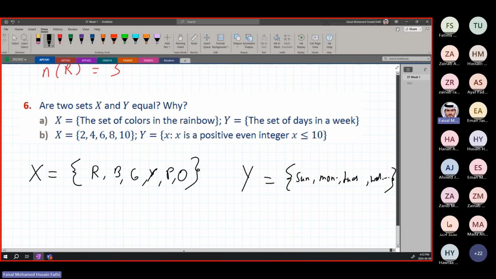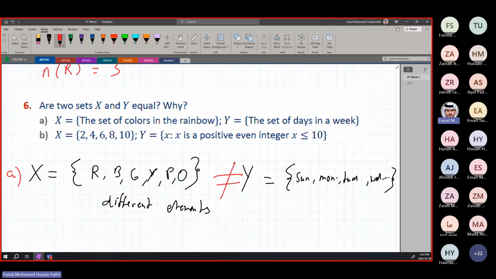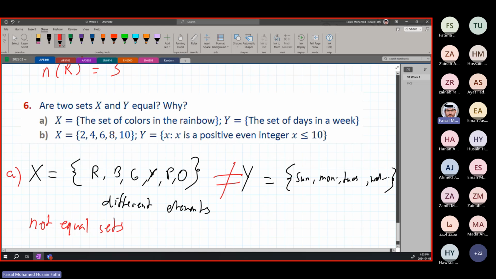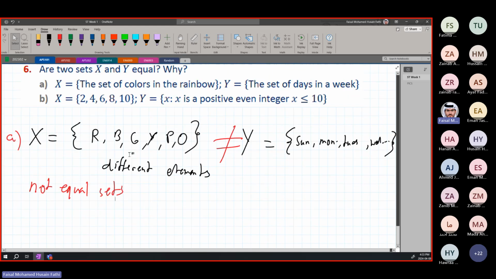Here we have different elements between both. So these two are not equal sets. So part A, not equal sets. They have nothing to do with each other. These are the days of the week, and these are the colors of a rainbow. They're not equal. Let's look at part B.